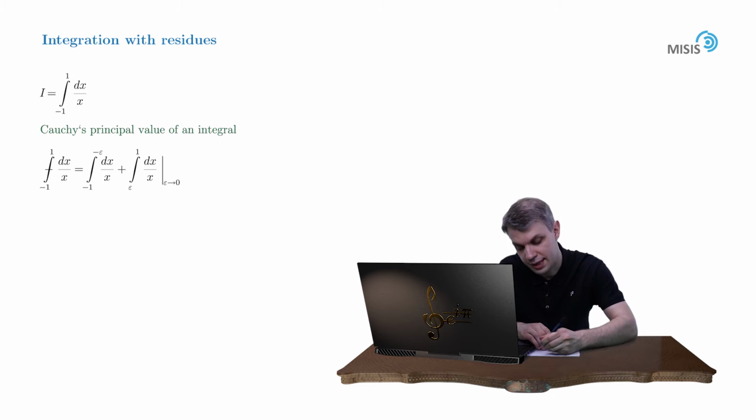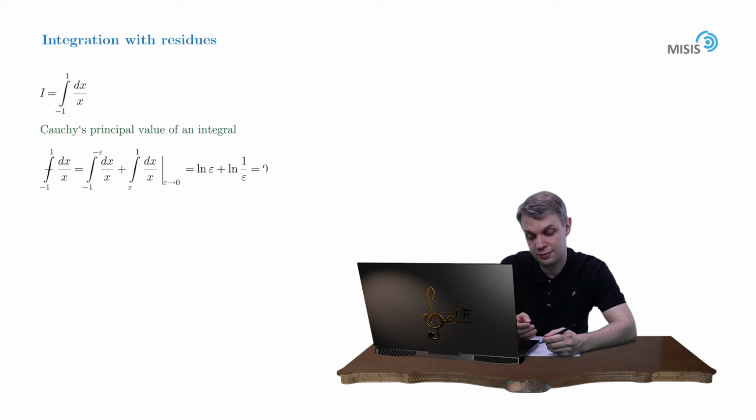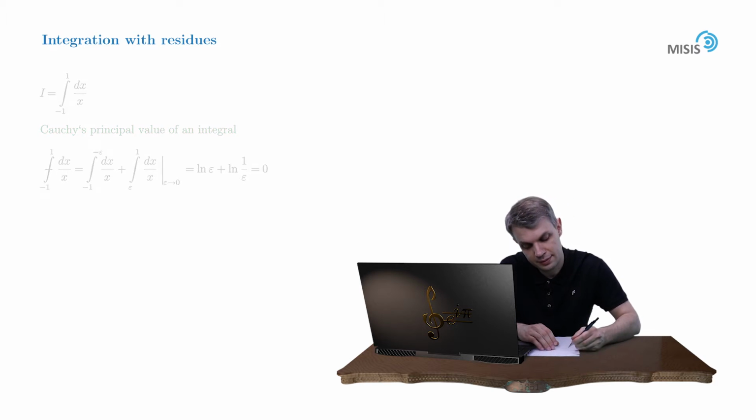And indeed, one obtains logarithm of epsilon for the first integral and logarithm of 1 over epsilon for the second integral. Summing them up, we already obtain 0, and of course setting epsilon to 0, we obtain the 0 answer.